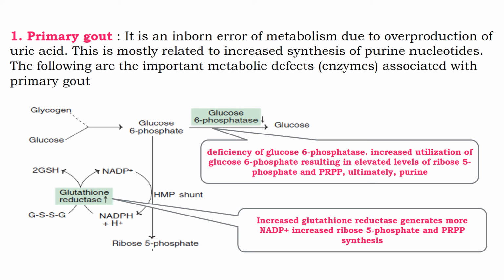Next, there is one more enzyme called glutathione reductase. If there is an increased activity of glutathione reductase, then this will lead to increased utilization of NADPH, then increased ribose 5-phosphate and increased synthesis of PRPP. So these two cases will definitely lead to primary gout, and this is especially in newborns.